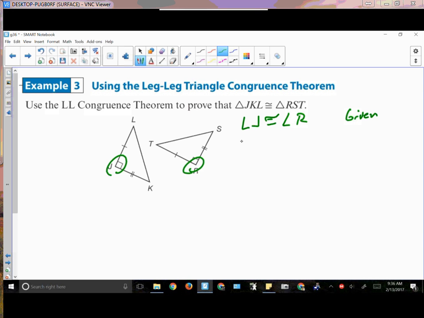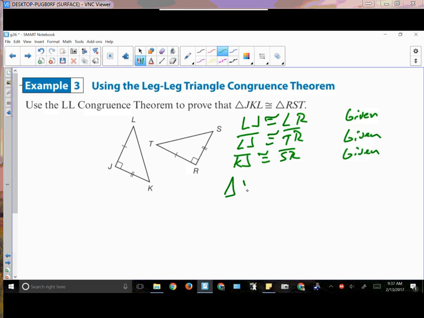And then we are told that LJ is congruent to TR, given. We have side or leg KJ is congruent to SR. Again, that's given.